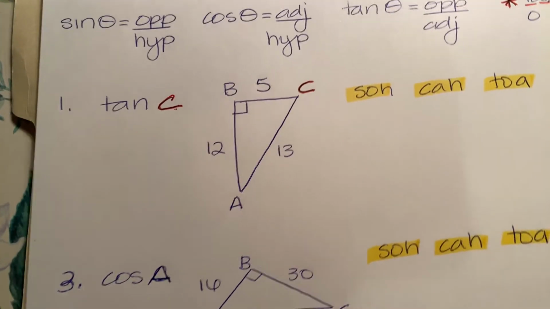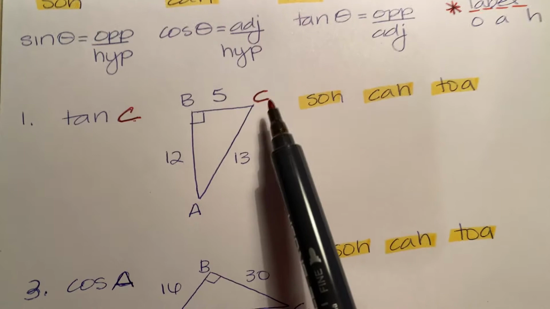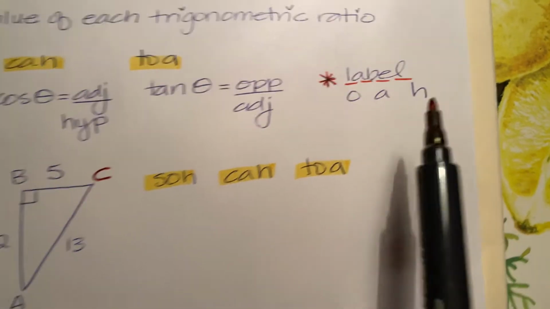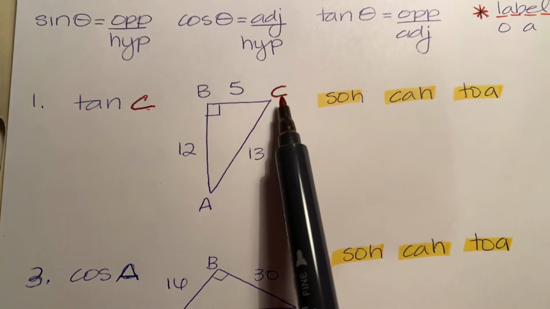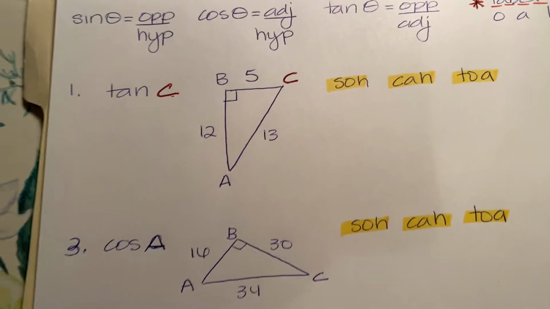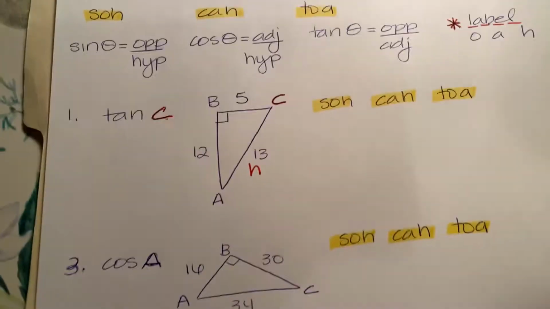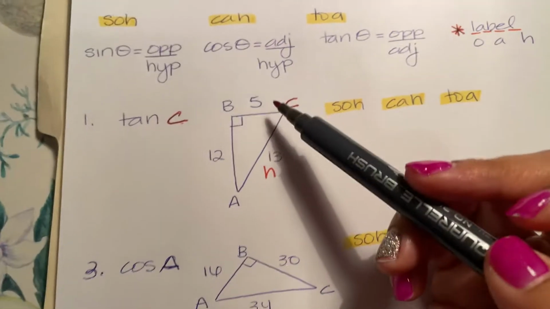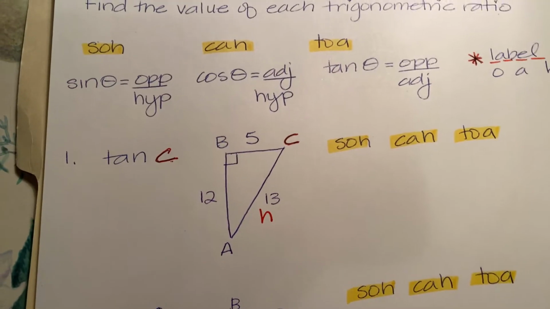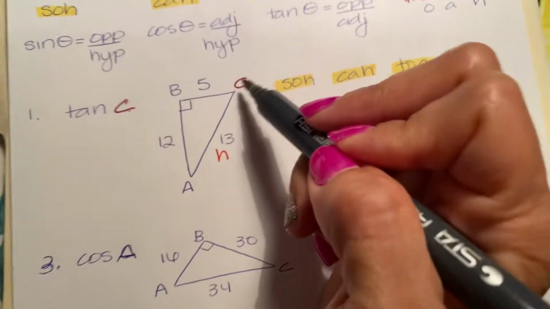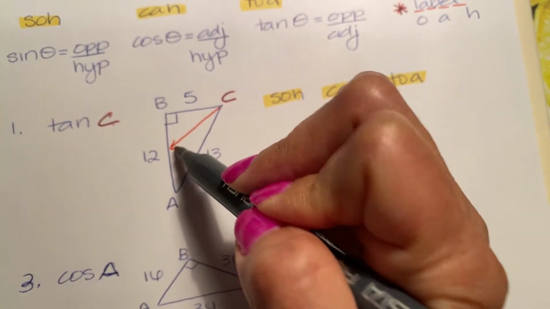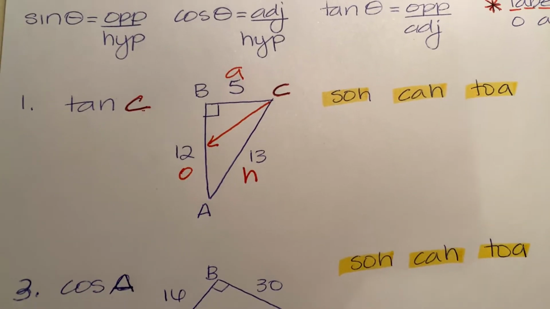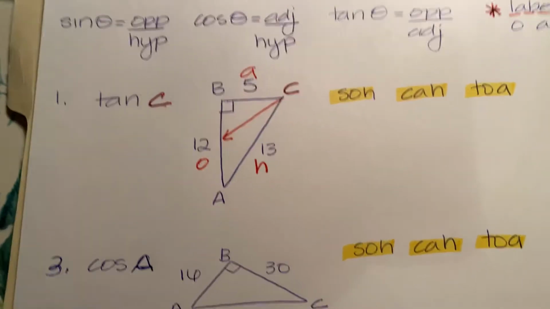Now label opposite, adjacent, and hypotenuse off of this angle. Hypotenuse is always the side opposite the 90 degrees. Opposite and adjacent change depending on your angle. If this is my angle C, 12 is the leg that is opposite, and 5 is my adjacent. So that's it, you labeled OAH.